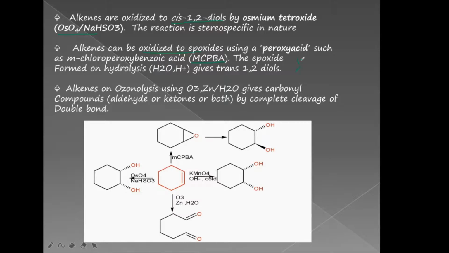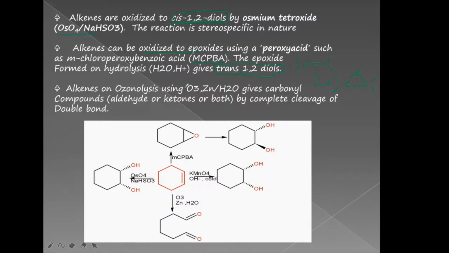So C double bond C on treating with MCPBA gives an epoxide. Epoxides are cyclic ethers. On further hydrolysis of this epoxide, you will get a 1,2-diol, and here the reagent will make a trans-1,2-diol. Here we are getting cis-1,2-diol using osmium tetroxide, whereas MCPBA followed by hydrolysis will give a trans-1,2-diol.